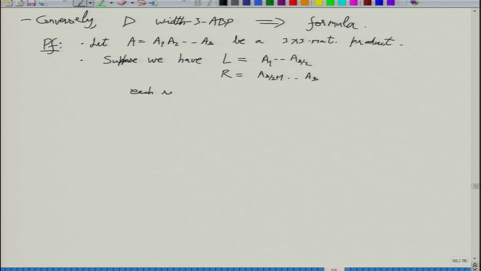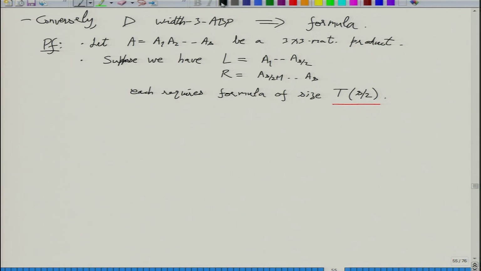Each requires formula size, so recursively T of S by 2. So we are defining this size function: to multiply S 3 by 3 matrices, the formula size is, let's say, T of S. So for S by 2 you have T of S by 2.